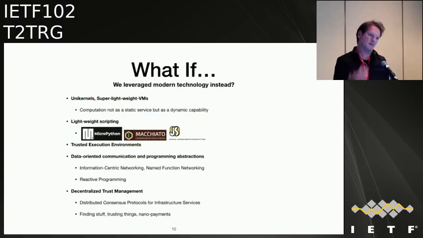So taking a step back, what if we could leverage modern technology instead? We have all these advances in virtualization, like unikernels and so on. Mobile code is actually more realistic these days with all these micro-scripting environments. We have things like trusted execution environments. And also in the protocol world, we have things like ICN, named function networking, which Carsten also mentioned earlier.